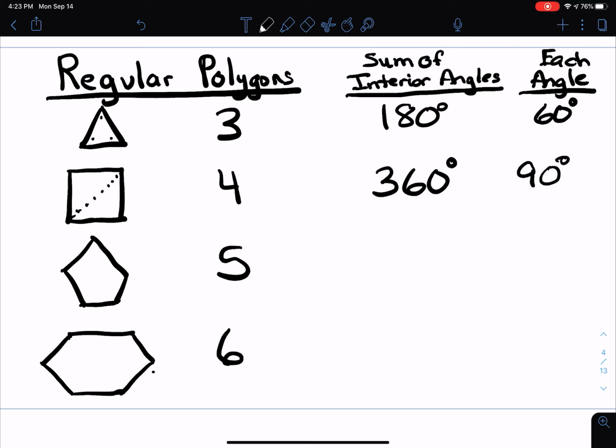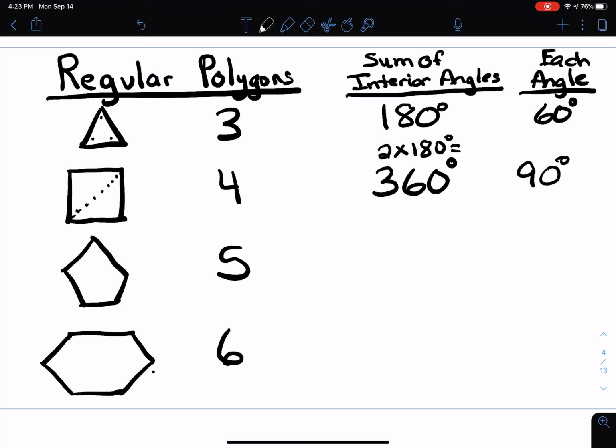And that's exactly what happens here. Your square can be broken up into 2 triangles. So when you do the sum of the interior angles, you've got 2 triangles whose interior angles are each 180. So 2 triangles gives you 180 times 2, which is 360.